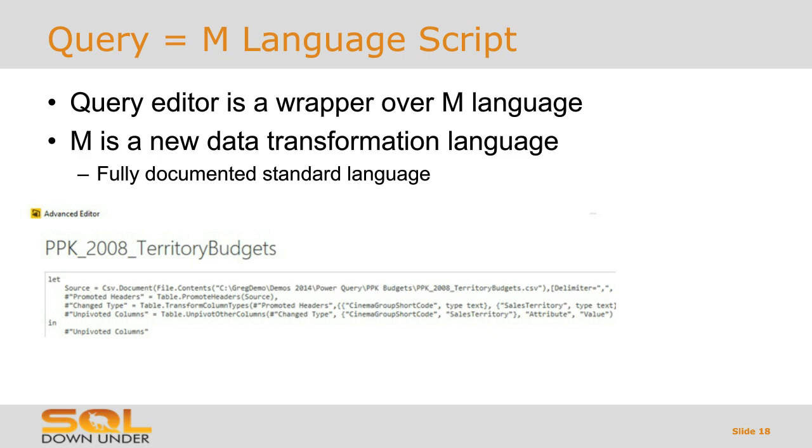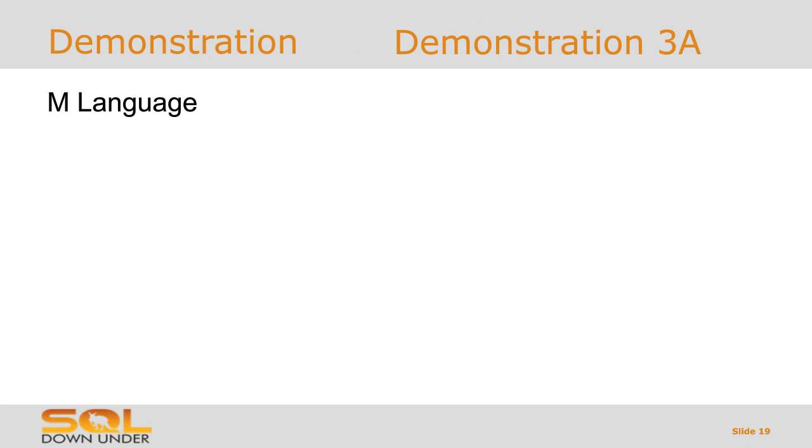So Power Query is really a UI wrapper over the top of the M language. So anything you can do in the UI, you could actually do in M instead. So let me quickly show you where that applies.